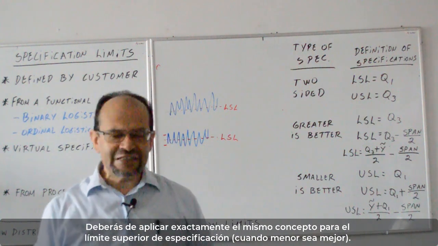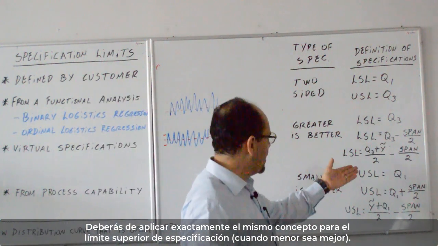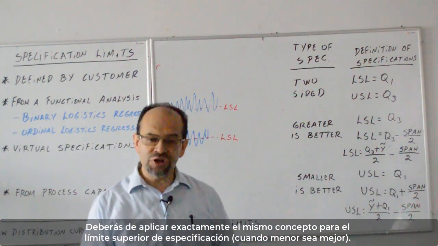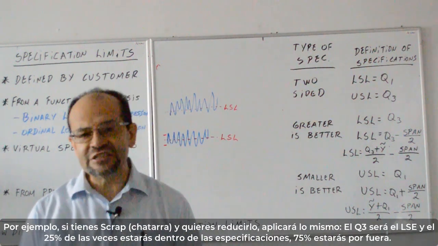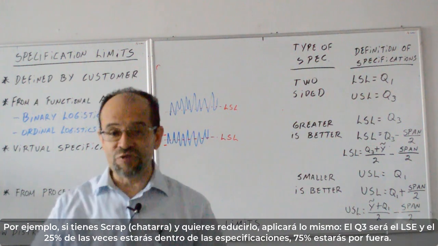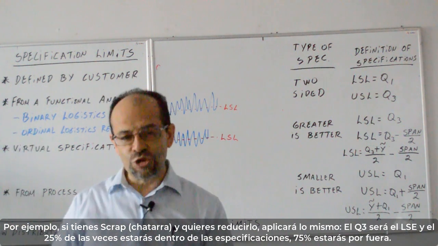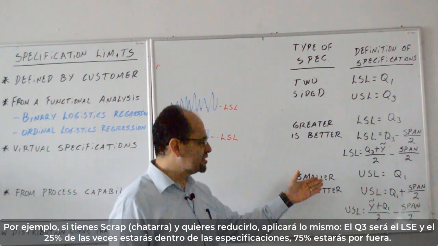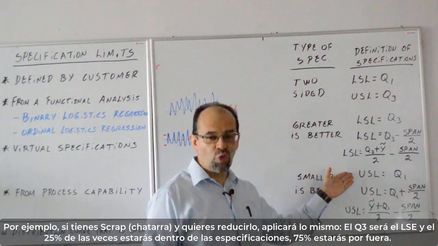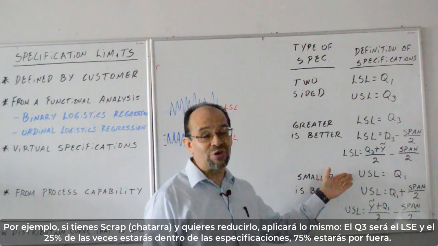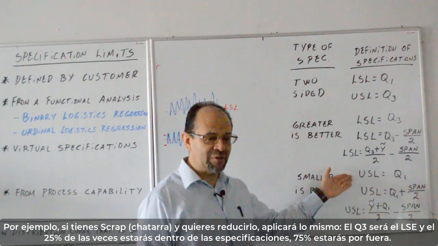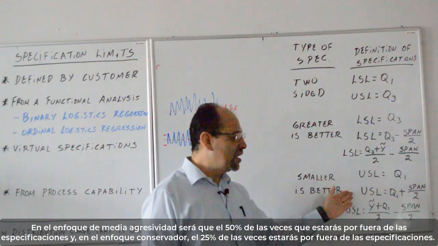That is exactly the same concept here for the smaller specification limit. The smaller specification limit, the smaller is better. That means that you want to decrease. For instance, if you have a scrap, you want to reduce scrap. And well, for instance, you are having same thing, quartile 3, 25% of the times you will be inside the specs, 75% of the times you will be outside the specs.